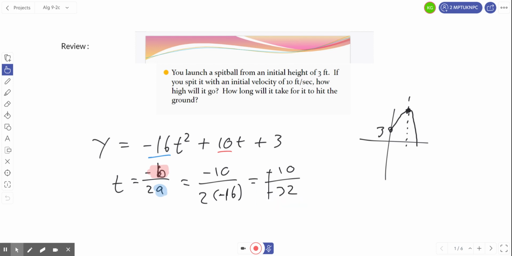These negatives will cancel out. And 10 over 32 equals 0.3125. So it only takes like a third of a second for your spitball to reach its maximum height.